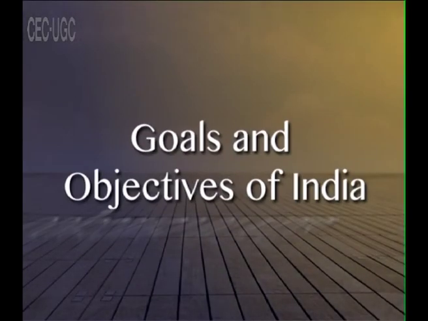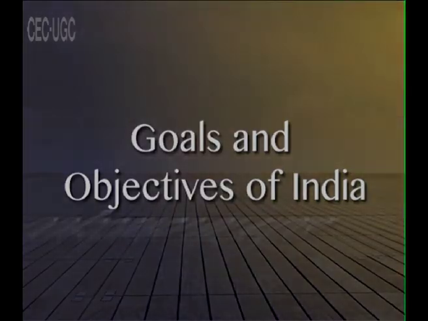A significant achievement of the Family Welfare Program in India has been the decline in the fertility rate. All efforts are being made to reduce the total fertility rate, popularly known as TFR, to 2.1 by 2017. The current TFR is 2.5 as per the recent survey conducted by Government of India. Now coming on to the goals and objectives of India.